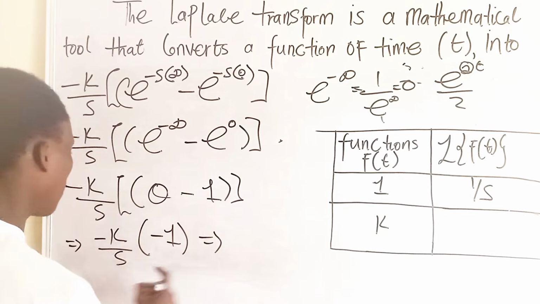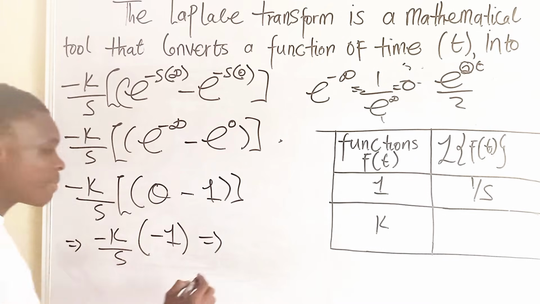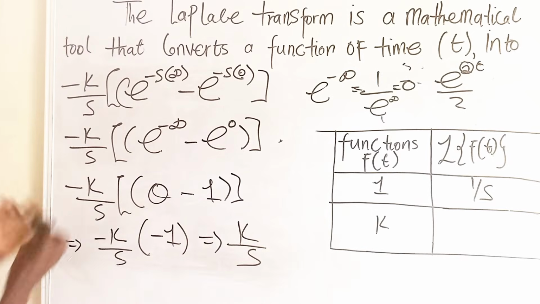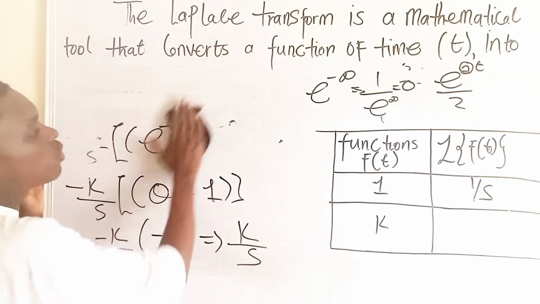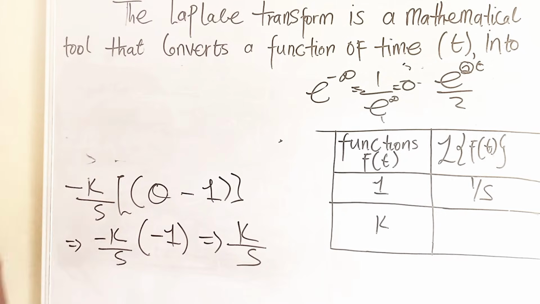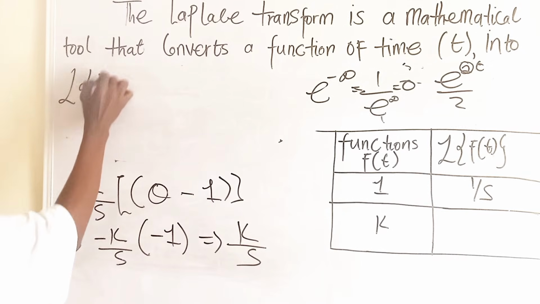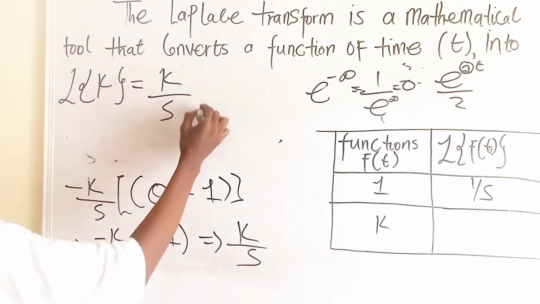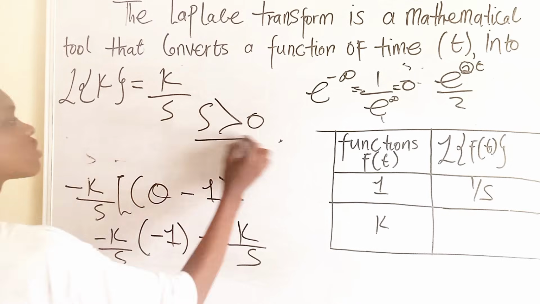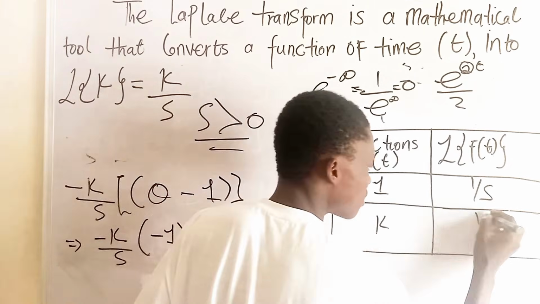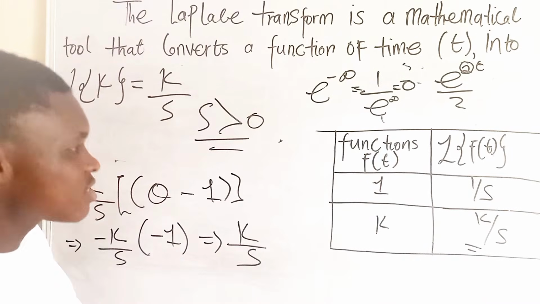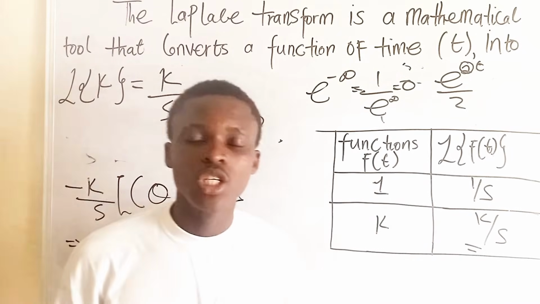And so therefore minus k over s multiplied by minus 1 gives us k all over s. So therefore, to round up this, we see that the Laplace transform of a constant k equals k all over s, given that s is greater than 0. So this is how to solve Laplace transform.